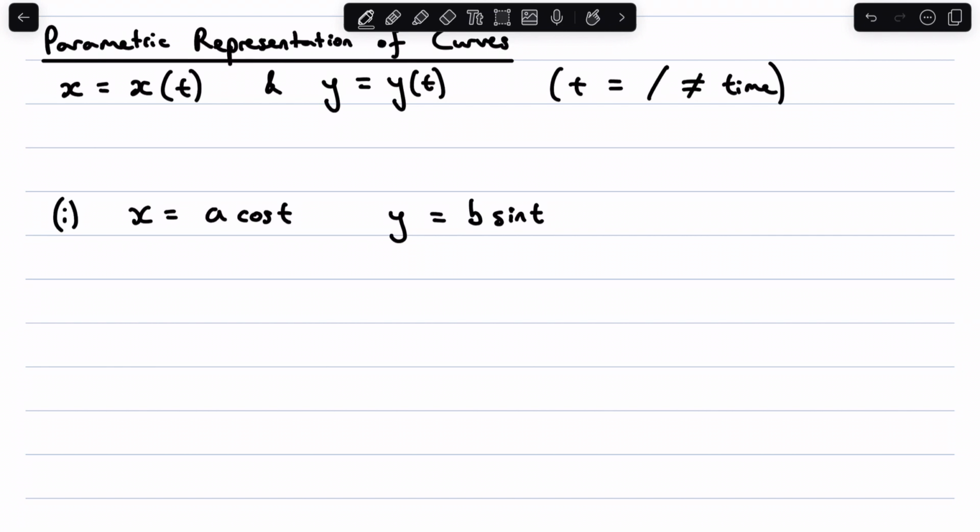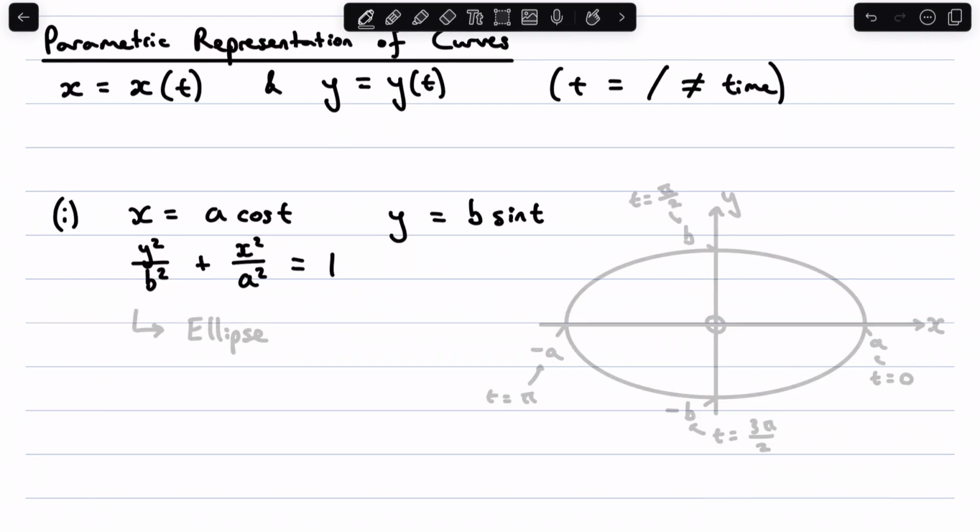So if we rearrange these, we would have sine squared is y squared over b squared, plus cos squared, which is x squared over a squared, equals 1. And this is the function for an ellipse, and I'll draw that for you now.